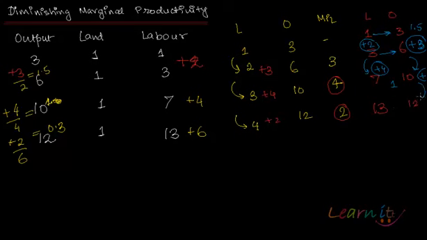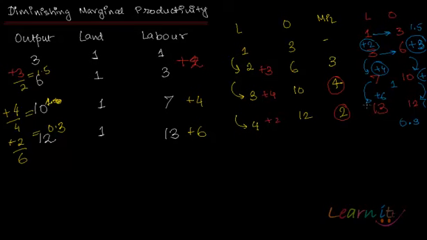Here output has increased by 2, but labor has increased by 6. So this additional 2 units of output is distributed among the additional 6 units of labor. So these additional 6 units are each adding almost 1/3, approximately.